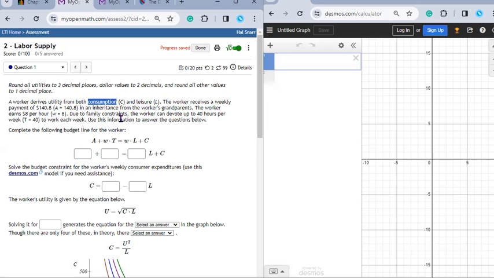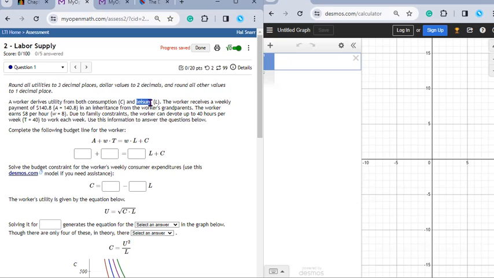We have consumption, all consumer goods added up for the entire economy. Here we have all goods and services consumed by this one worker, and their spending on consumer goods and services is the letter C. Now we're assuming that there's no saving. We're going to keep it simple.